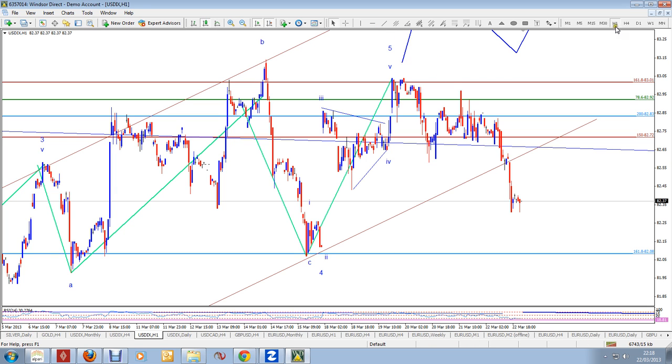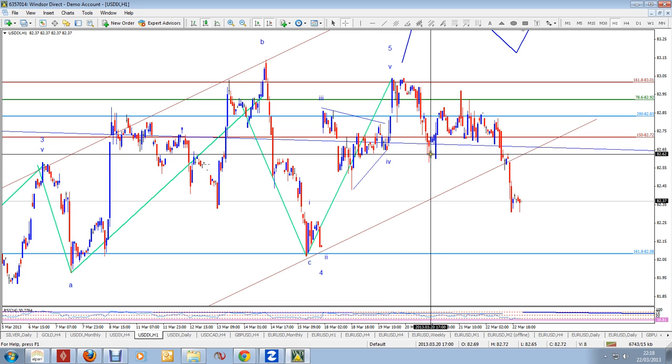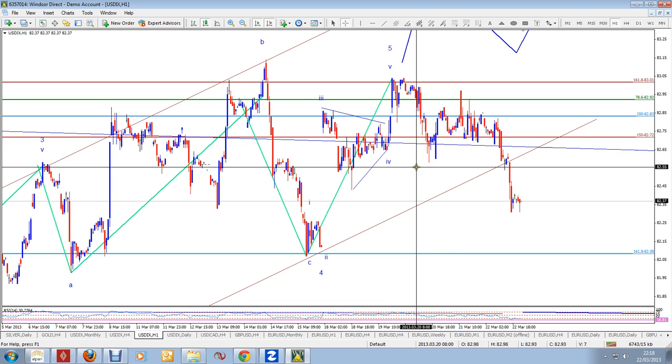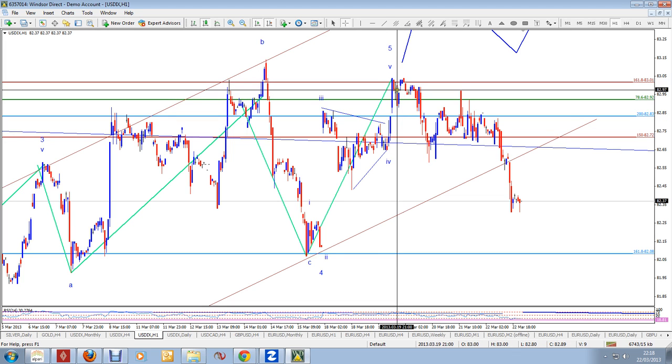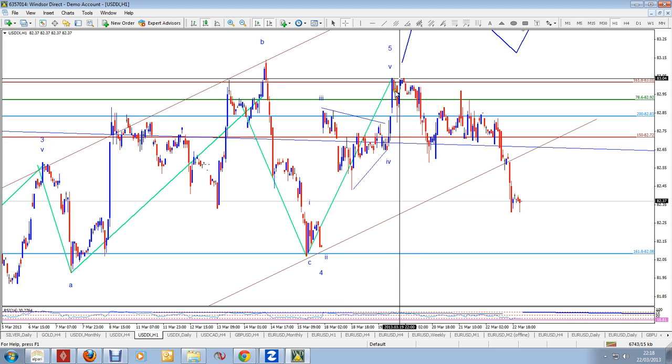And to confirm that, on the hourly chart, if this is the top, then possibly what we've got is wave 1 down, wave 2 which is a very deep retracement.